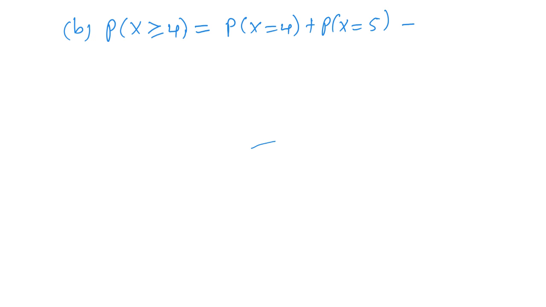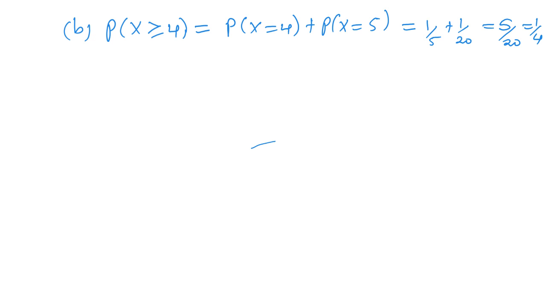Let's sum. This 1 over 5 plus 1 out of 20 is 5 over 20, which is 1 over 4. Okay, so the probability that X is more than or equal to 4 is 1 out of 4.